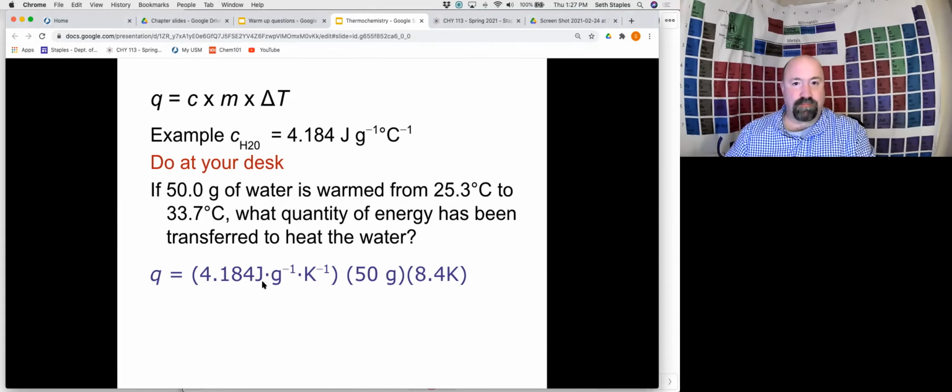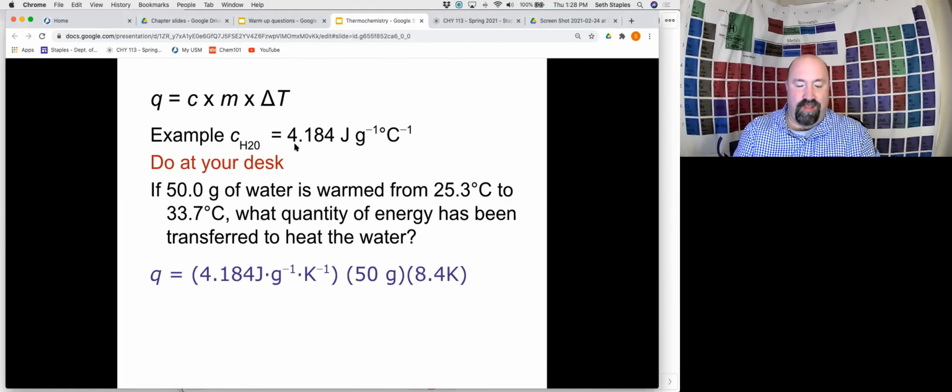So anyway, here's our mass. There's our 50 grams. Our temperature change was 8.4. So let's just double check that. Our final temperature was 33.7 minus 25.3. Sure enough, is 8.4 times our specific heat, which we're given for water of 4.184.